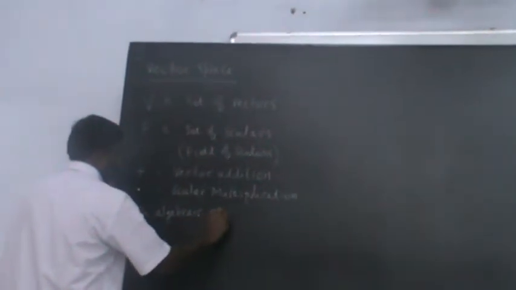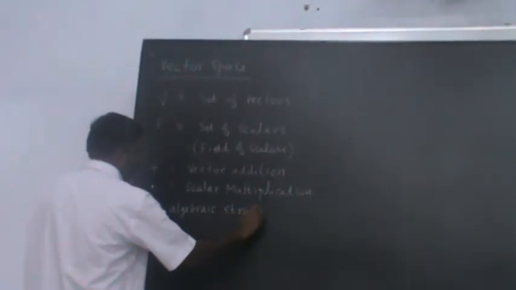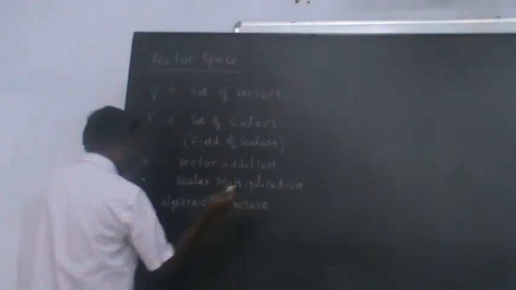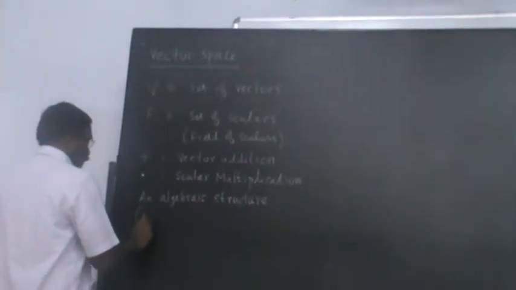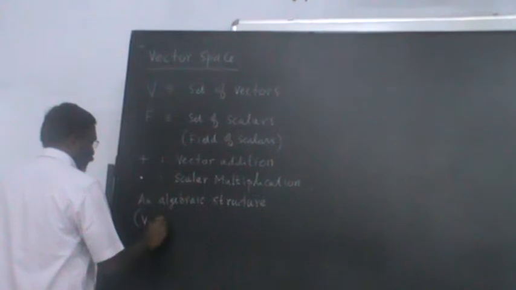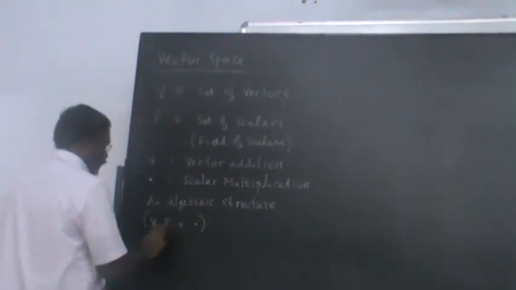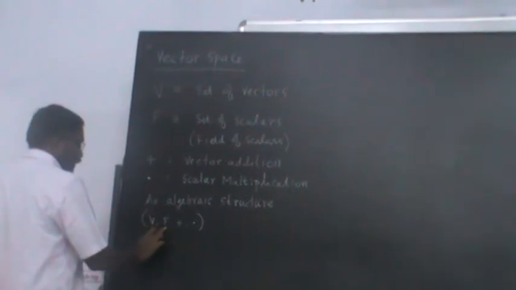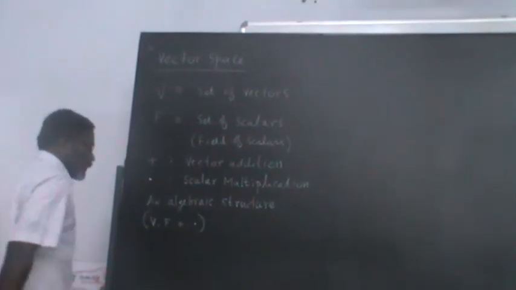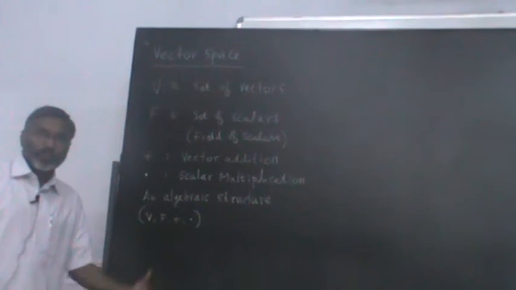An algebraic structure (V, F, plus, dot): vectors, scalars, vector addition, scalar multiplication. This will form an algebraic structure.